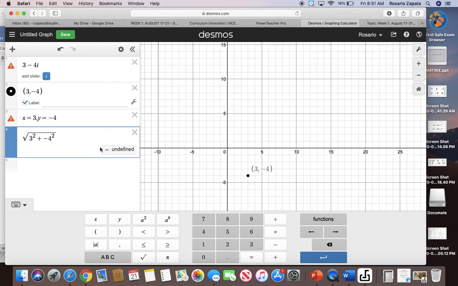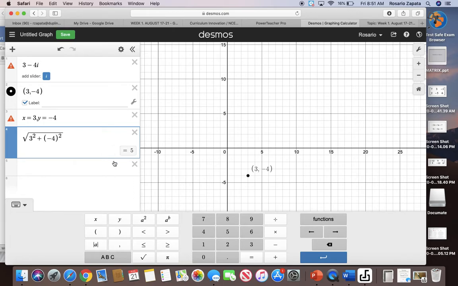I told you, Desmos is still not welcoming complex numbers on its end. So you need to put -4 in the parentheses, because you're squaring -4.